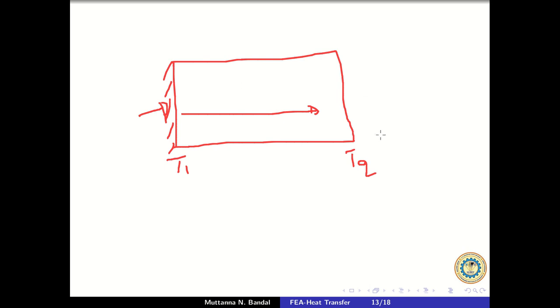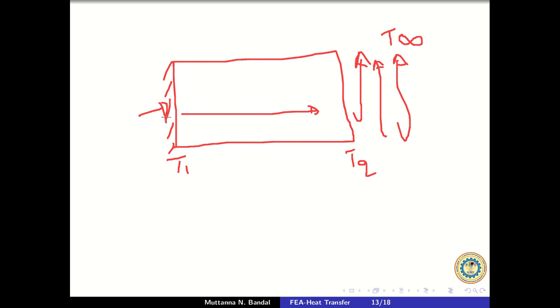Now if air is flowing at the other end of the solid body, let us consider the temperature of that as T infinity. Let us assume that air is flowing over this surface.